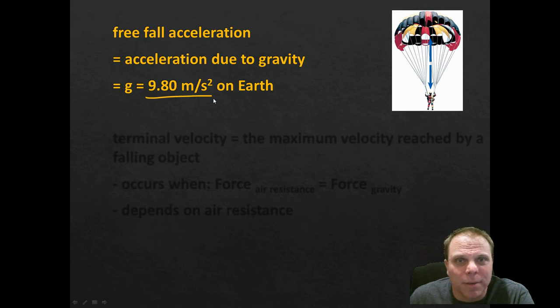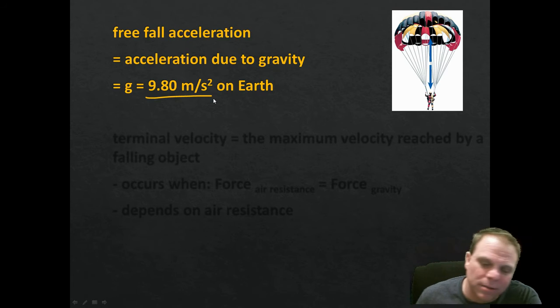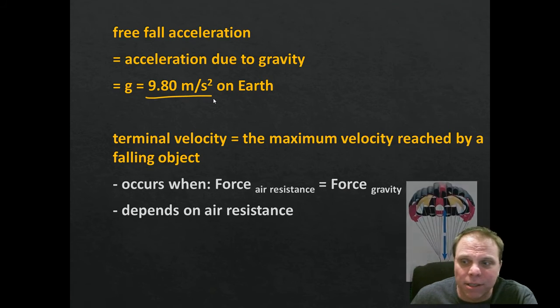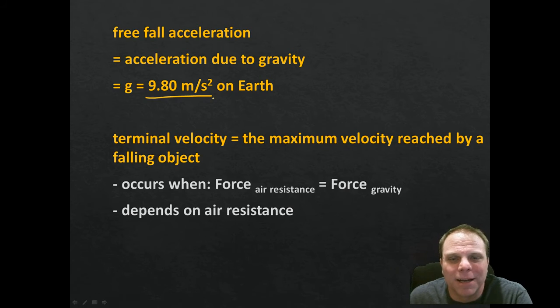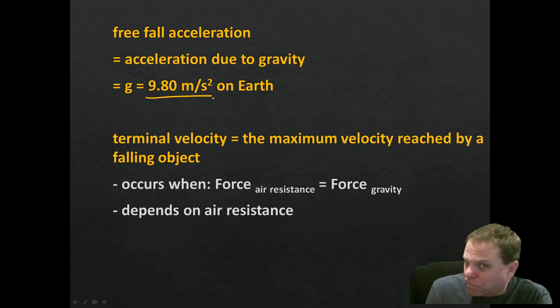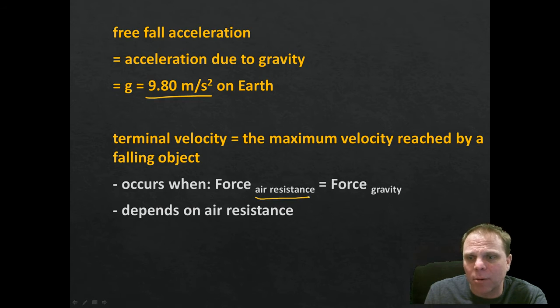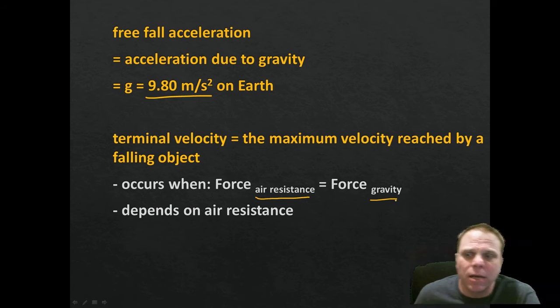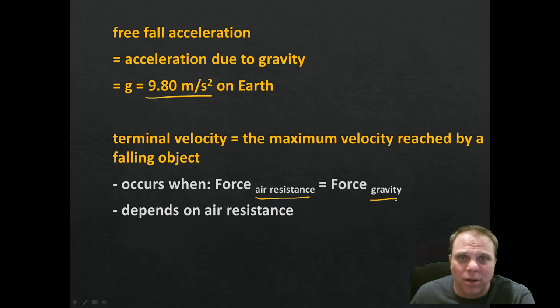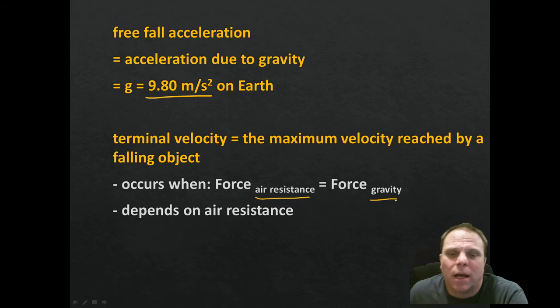Now, that's assuming that there's no air resistance. Now, if there is air resistance, then you're going to see that I'm going to hit terminal velocity. Okay, it's the maximum velocity that's reached by a falling object. And why does it reach a maximum velocity? Because the force of the air resistance eventually is going to equal and balance out the force of gravity. And so it's going to give you a constant velocity, okay?